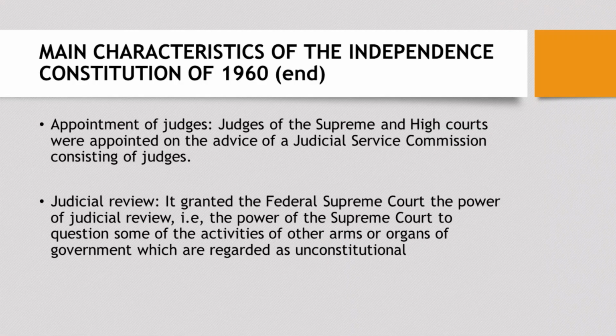Another characteristic of the Independence Constitution of 1960 is judicial review. The Independence Constitution of 1960 granted the Federal Supreme Court the power of judicial review. The Supreme Court has the power to question some of the activities of other arms or organs of government which are regarded as unconstitutional.